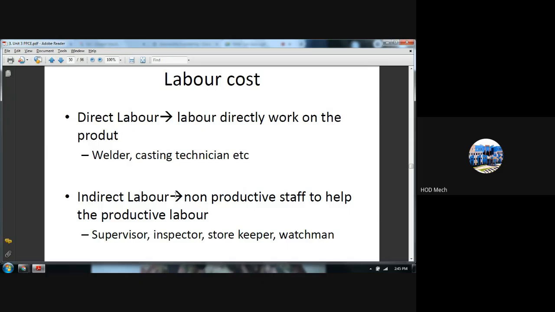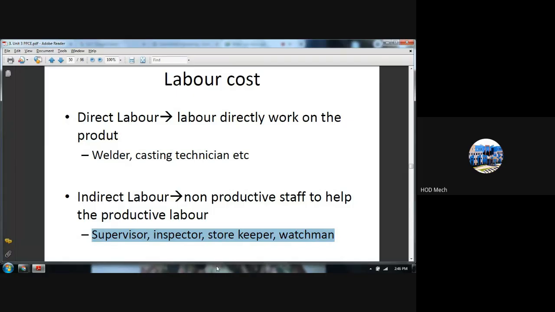எக்ஸாம்பிள் சூப்பர்வைசர், இன்ஸ்பெக்டர், ஸ்டோர் கீப்பர், வாட்ச்மேன். So they are indirect labor. They don't get into the process, they help in doing the process. அவங்க ப்ராசஸ் நடக்கிறதுக்கு ஹெல்ப் பண்ணுவாங்க. They act as a helper to do the process.